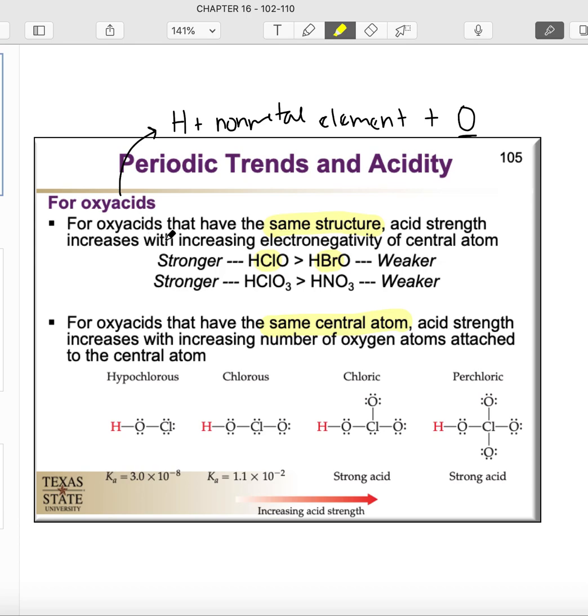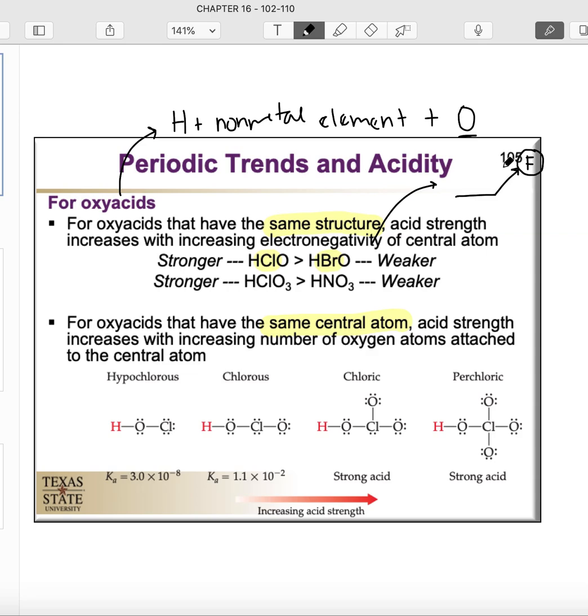So coming back to the rule, for oxyacids that have the same structure, the acid strength increases with electronegativity of that central atom. Remember that the electronegativity increases as we go to the right and to the top of the periodic table. So for example, fluorine, which is to the top and right of the periodic table, would have the highest electronegativity.